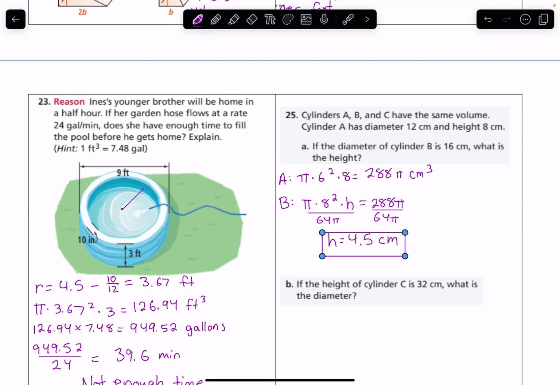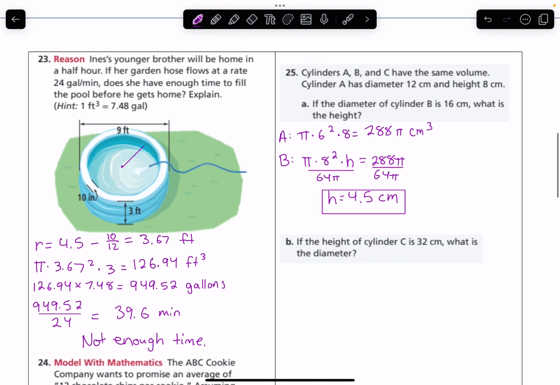Then part B, if the height of cylinder C is 32, what is the diameter? Notice they asked us the diameter, not the radius. So we're going to take the same volume of 288, and we'll say pi times the radius, we don't know, squared, times the height of 32 is equal to that common volume of 288 pi.